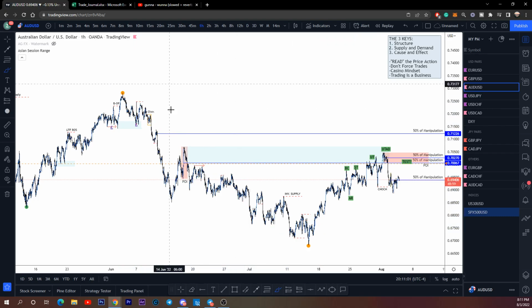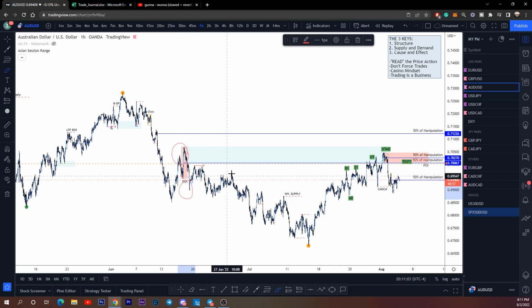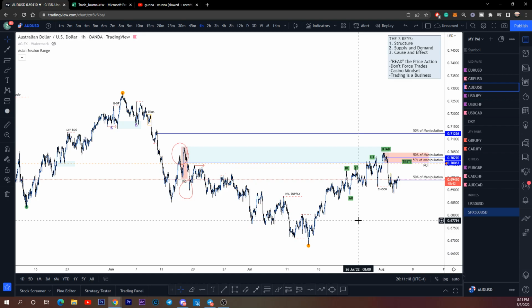But we could also say within this is another order flow towards the downside. So you guys can see we have a lower time frame order flow, and then we have a much bigger order flow.